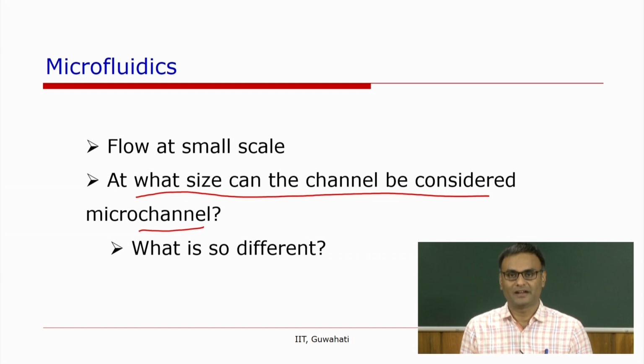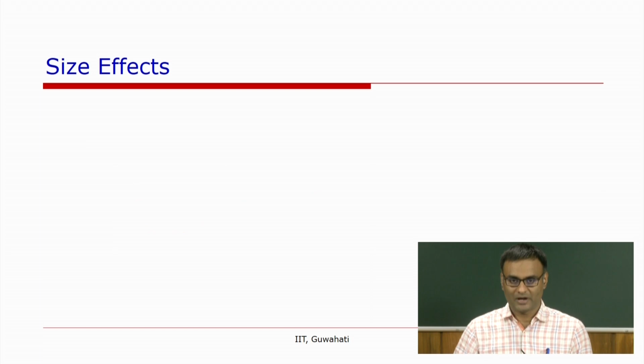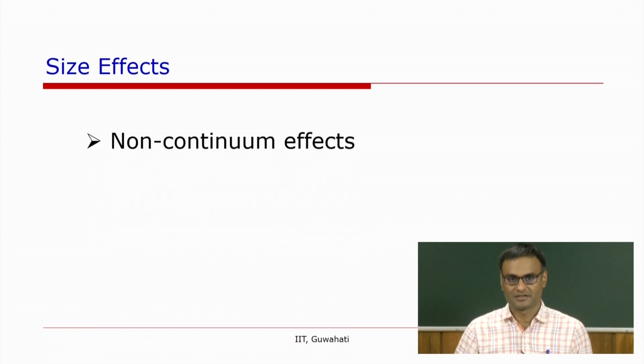When we look at that effect, then probably it will be easier for us to define a cutoff, if there is one such thing, for classifying a channel to be a macro channel or a micro channel. So, let us look at some of these size effects.